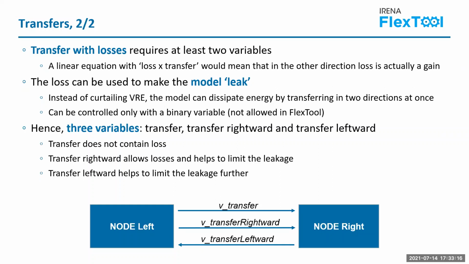And the problem with this is that losses in a linear model can be used to make a model leak, which means that I can be sending energy from node A to node B and back from node B to node A, and somehow avoiding some of the costs from the objective function by doing this, and this energy will go nowhere. But anyway, as I said, this is probably not very relevant today.